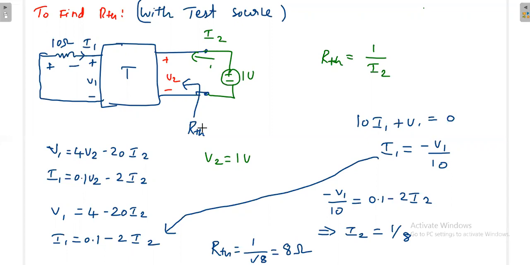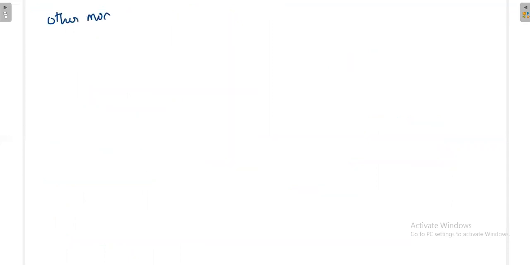Or otherwise you can do it by another method also. You can find the short circuit current. The other method is by finding the short circuit current, I short circuit. Already you know V Thevenin, then with I short circuit you will get RThevenin. Now what is your RThevenin? Your RThevenin is 8 ohm.